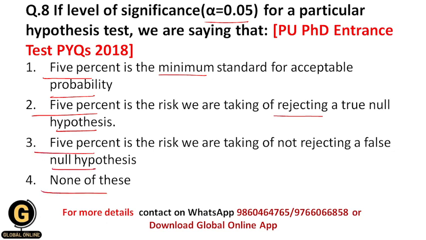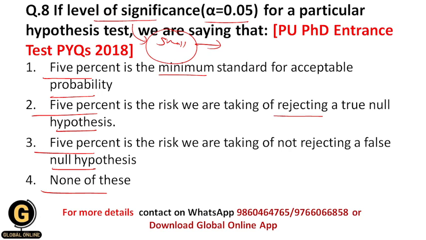So students, as we have seen earlier in this session, level of significance tells you the probability of whether you are going to reject the null hypothesis or accept it. Whenever this level of significance becomes very small, you are going to reject the null hypothesis and accept the alternative hypothesis.